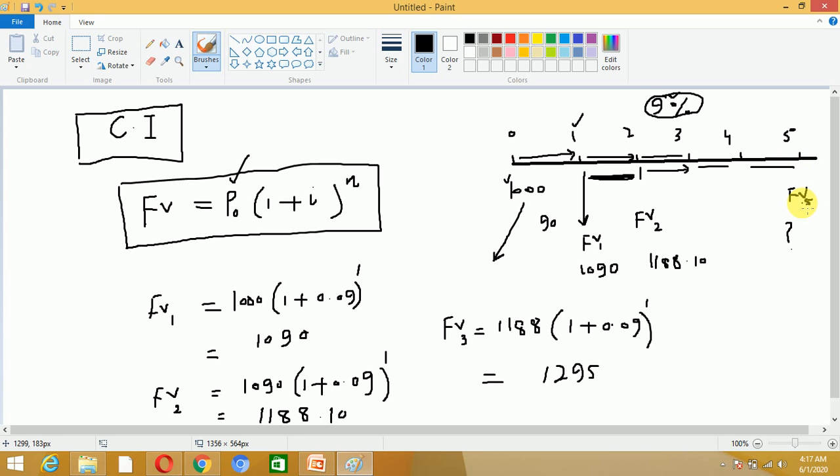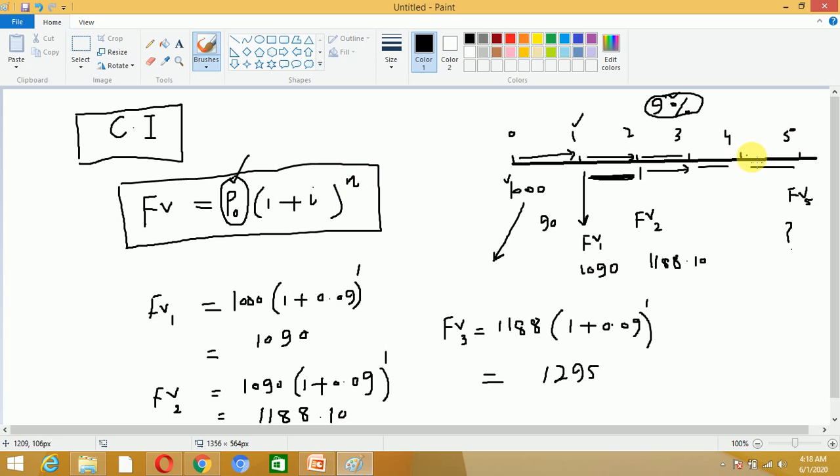But this calculation becomes complicated if the number of years becomes 5, 6, 7, 8, 9, 10, 100, 1000. It will be difficult. So what are we doing? We are just making it simple. This is P naught, 1 plus I raised to the power n.